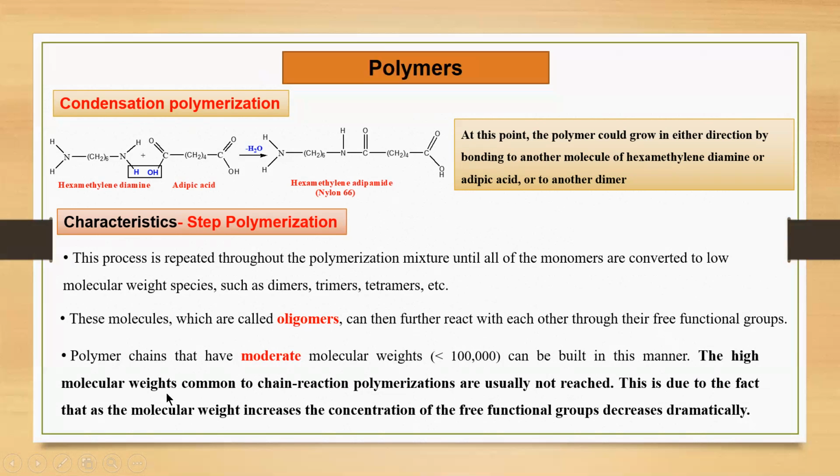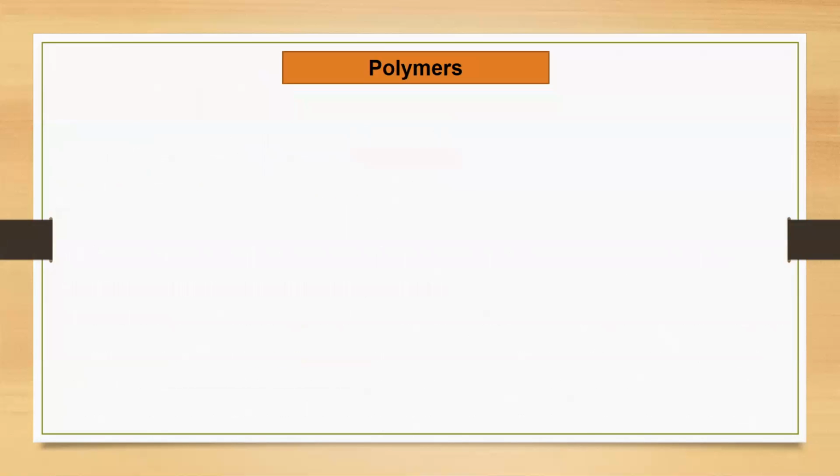As the molecular weight increases, the concentration of the free functional groups decreases dramatically, because unless we have free functional groups, we cannot proceed towards further condensation reactions. So as the concentration of the free functional groups decreases, the reaction stops there only.